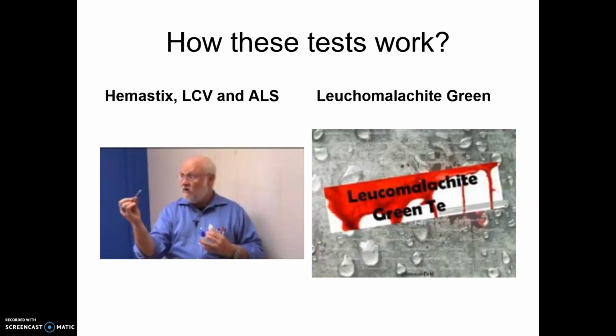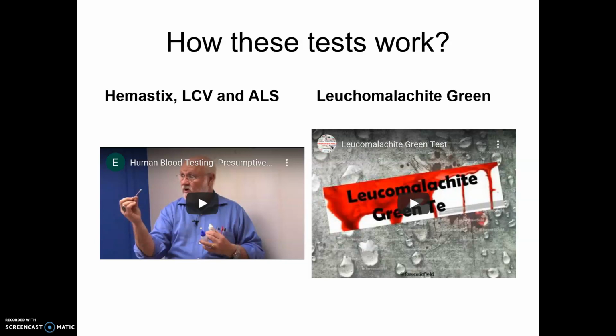And then the next videos are going to be on the Hemostick, LCV, how to use an ALS, and then LMG, right? So my thought is that you guys would watch these videos, figure out what the steps are, and then hopefully get a better idea of how these tests are used at crime scenes.